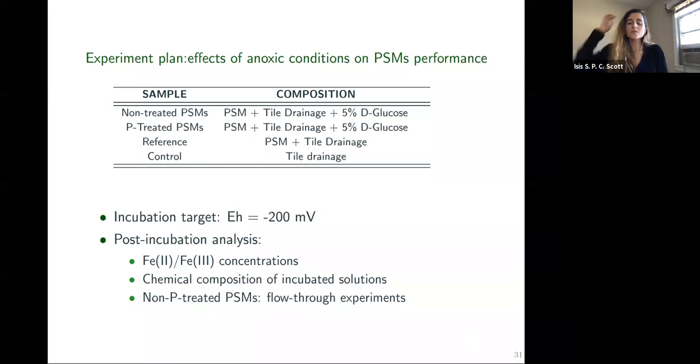In the post-incubation analysis, we analyzed the solutions for iron 2 and iron 3 concentrations, as well as the chemical composition of those solutions. And for the non-treated PSMs, we performed new flow-through experiments because we wanted to see what were the effects of the anoxic conditions on the phosphorus removal capacity of the PSMs.